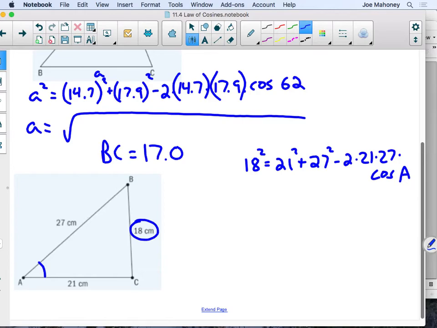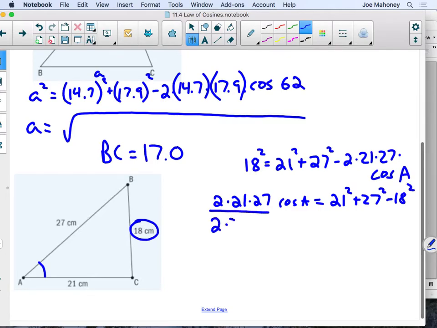So when we rearrange some terms, if I take the cosine A term and move it to the left, I'm going to get 2 times 21 times 27 cos A. And if I move the 18 squared to the right, I get 21 squared plus 27 squared minus 18 squared.